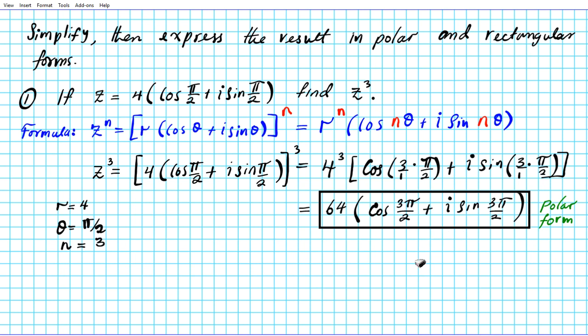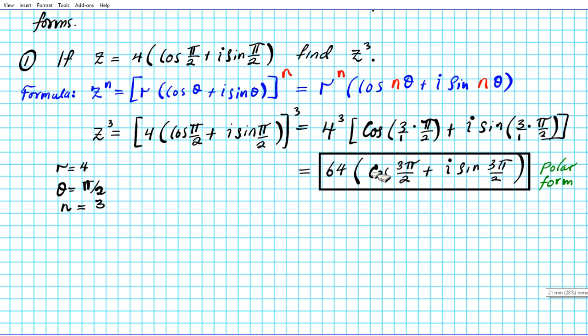Okay? Okay, now let us go ahead and answer the second part of the question. Remember, we were to express the answer in rectangular form also. Okay, so in order to do that, we'll simply determine what the x and y components are by evaluating cosine 3 pi over 2 and sine 3 pi over 2.